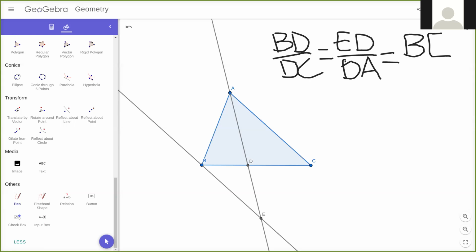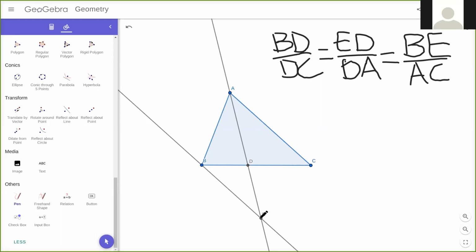Now, out of BE and AC, which length do you think is the weirder one, the one we want to manipulate? Right, I see people saying BE. Yes, BE is the one we want to manipulate. AC, we can relate to a bunch of other things. But BE, we want to manipulate.